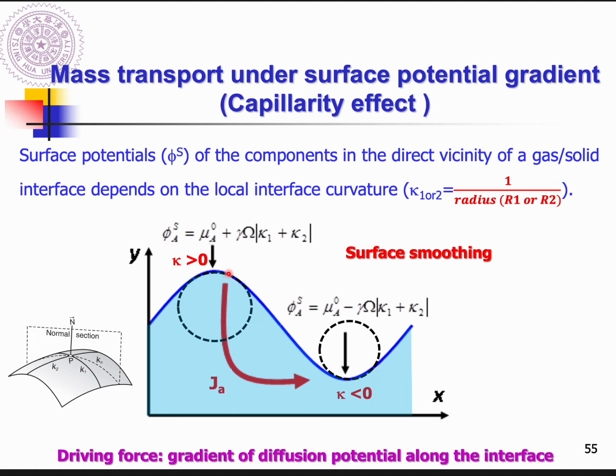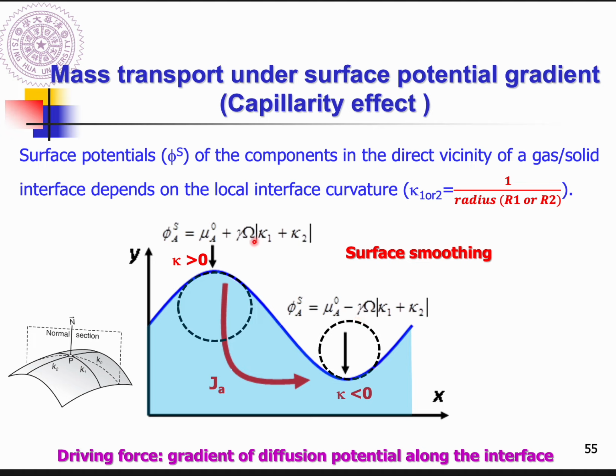When you move the location to the concave region, the surface potential is expressed like this: mu A0, the surface potential of atom A on the flat surface, minus the extra term.